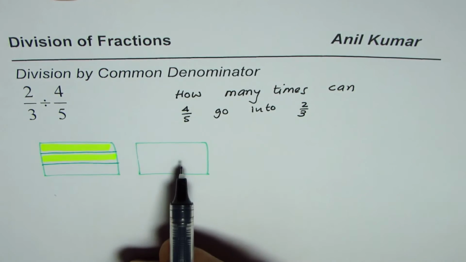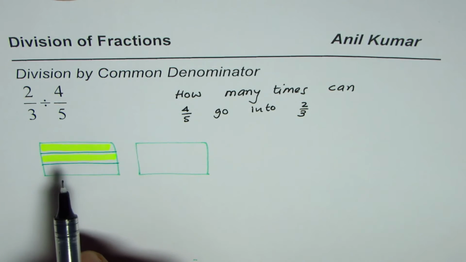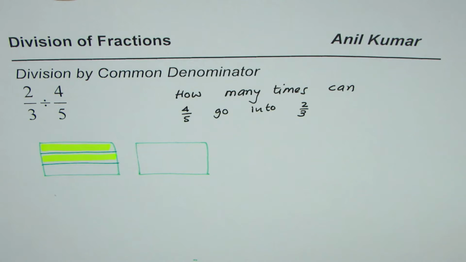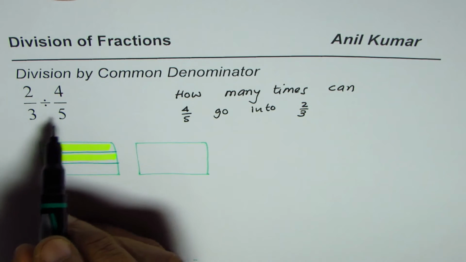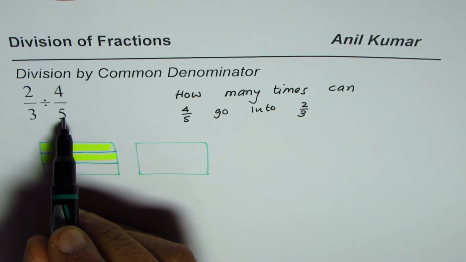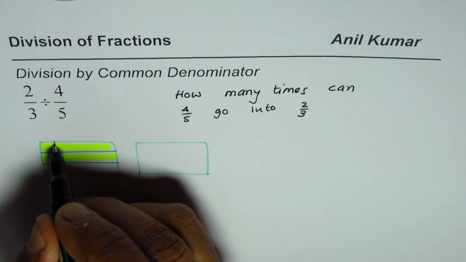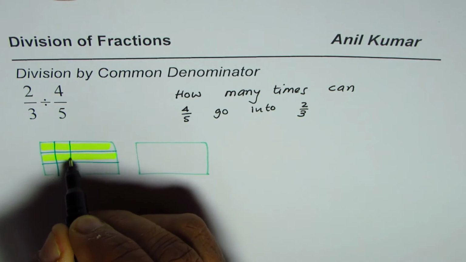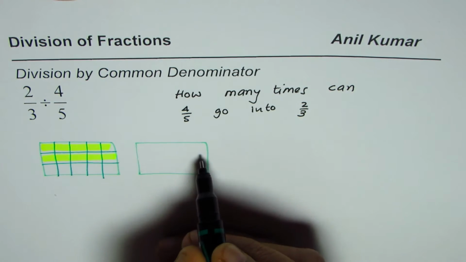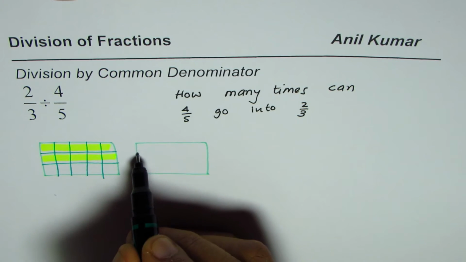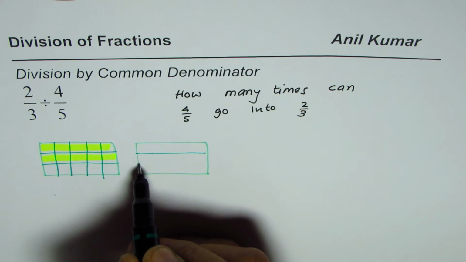Now, it might become slightly difficult, so what we will do here is that in our first rectangle itself, we'll divide it into 5 columns also, right? So let's say these are 5 columns, 1, 2, 3, 4, and 5. So here, the second one will make 3 rows.